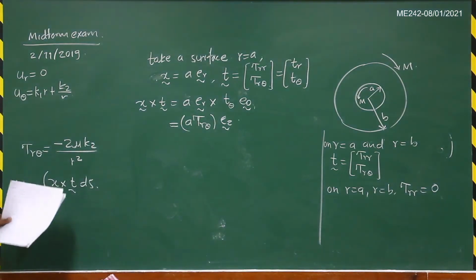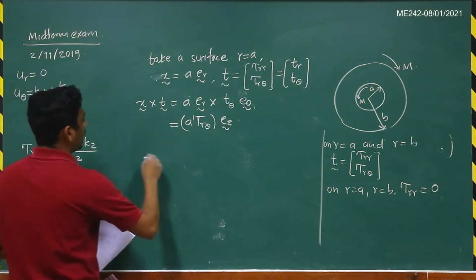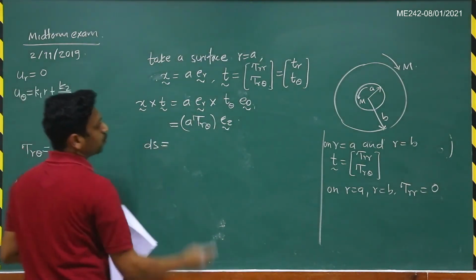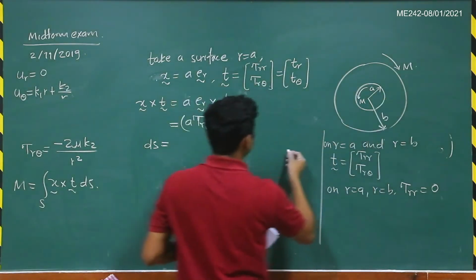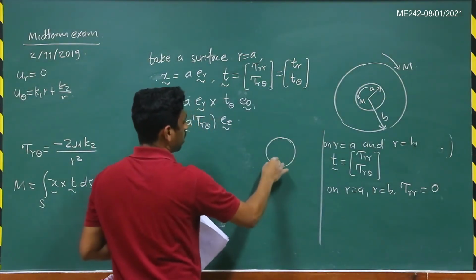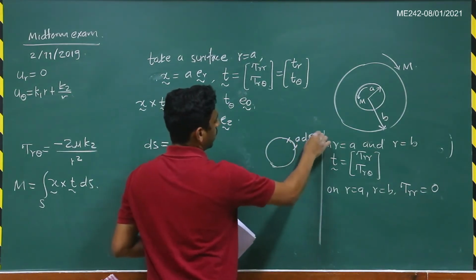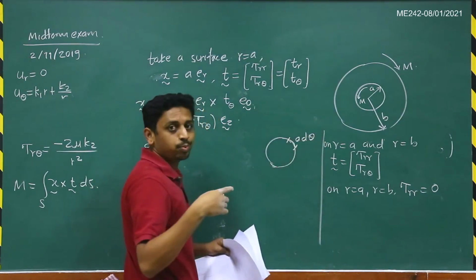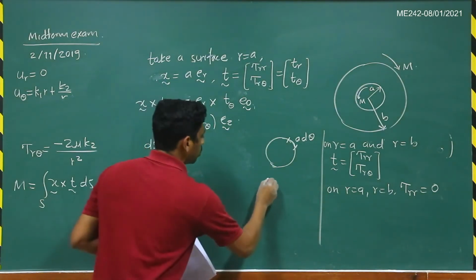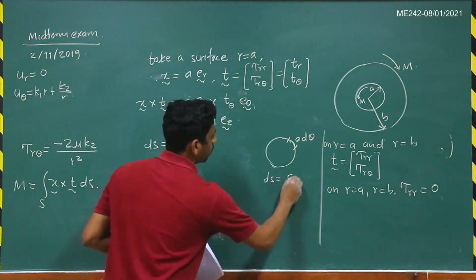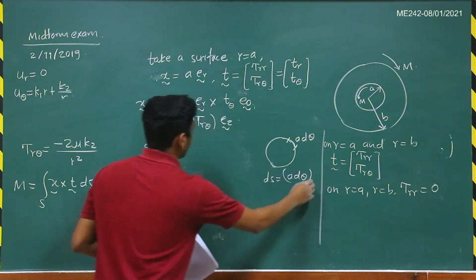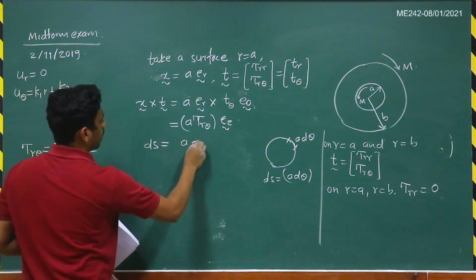Now if we use this condition, the area element ds would be, if we take this particular region, a d theta. We are assuming unity thickness into the board, so we will end up with ds equal to a d theta.